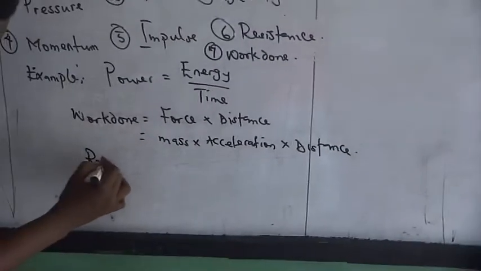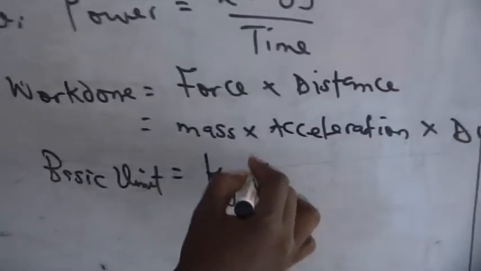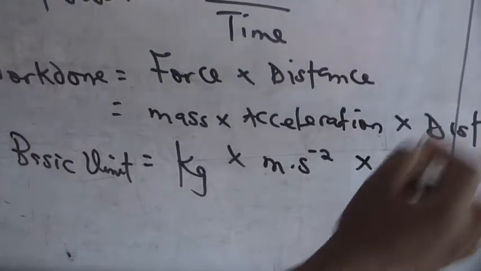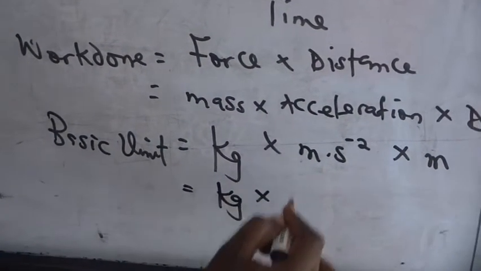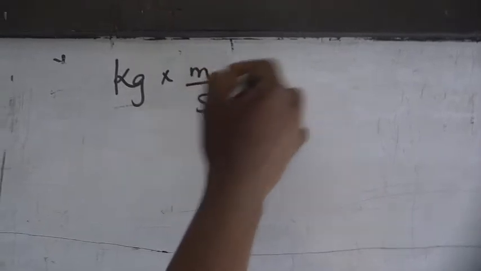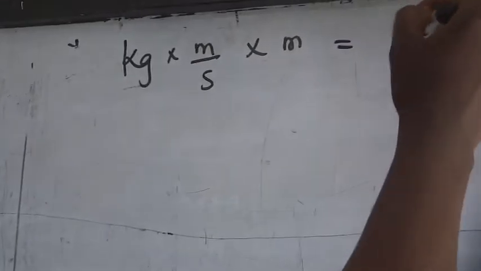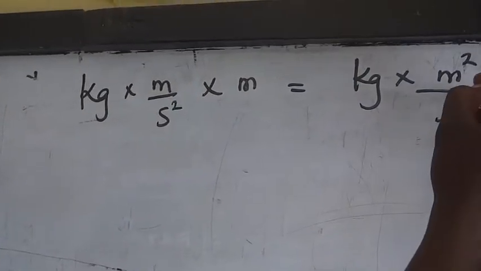What are the basic units? kg, meters per second squared, and for distance we have meters. So kg multiplied by m over s squared multiplied by m. Now, m multiplied by m gives kg multiplied by m squared over s squared.